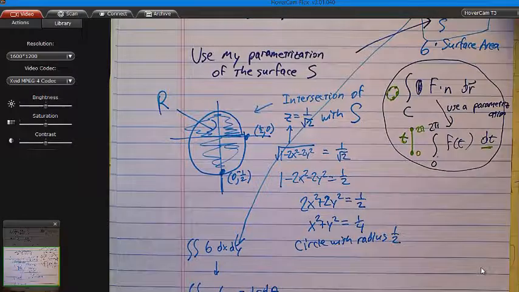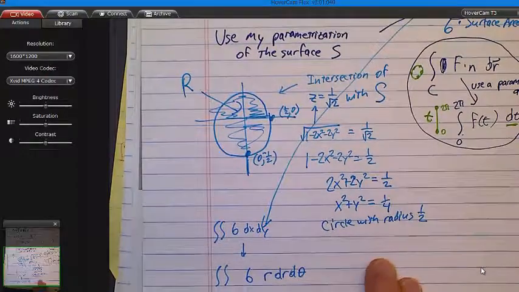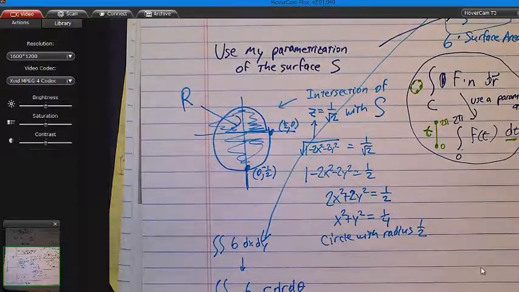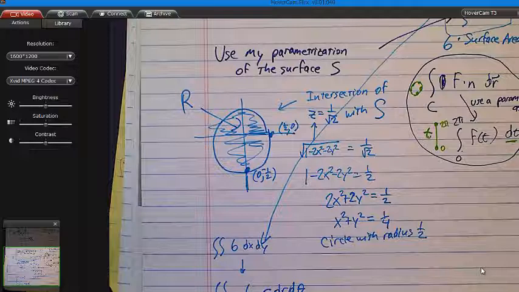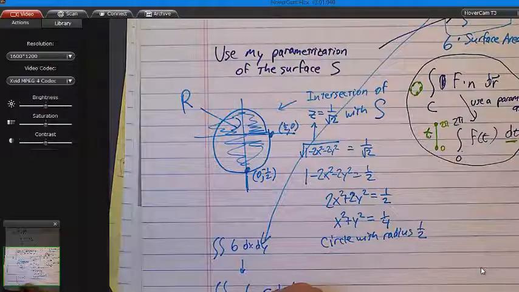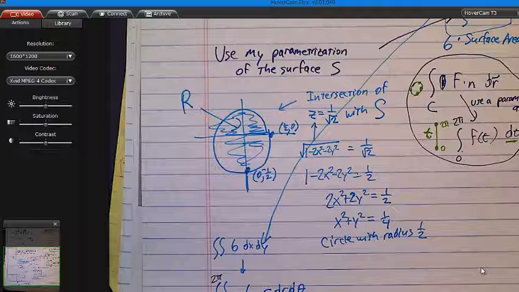Here I am reviewing yet another section of your book. It's funny how this sums up everything in 2 sections. Stokes' theorem and the divergence theorem. All right, what should my thetas be? Let's go from 0 to 2 pi, right? What should my r's be? Let's see, is that true? Yep, 0 to 1/2.